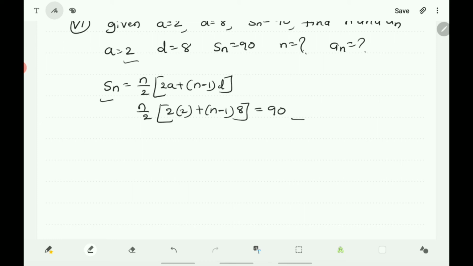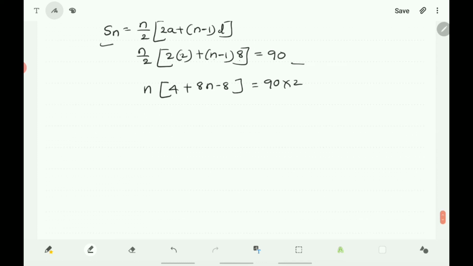Then n into 2 twos are 4 plus n into 8, minus 8, this by 2 is transferred to the RHS, so 90 into 2.